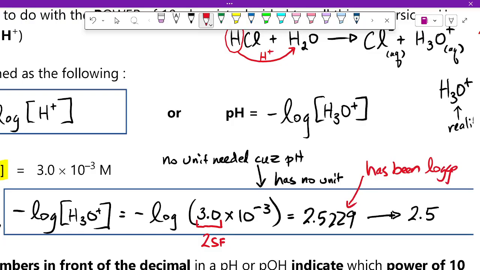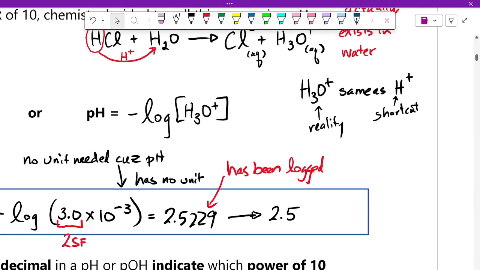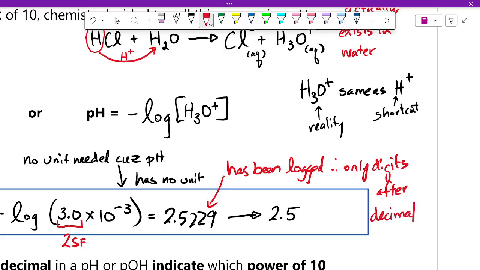And remember, when we have a number that has been logged, we only count digits after the decimal, okay? Therefore, only digits after the decimal are significant. Okay, so not just 2.5, but it's going to be 2.52.